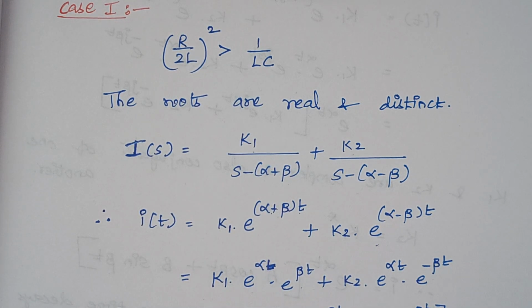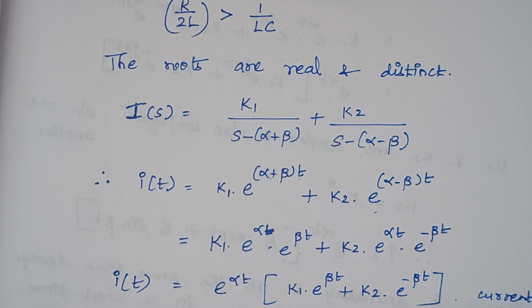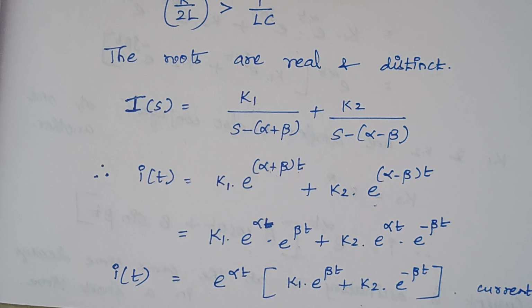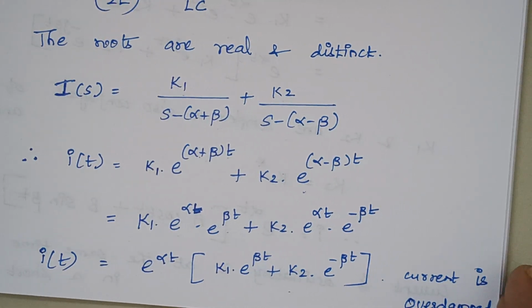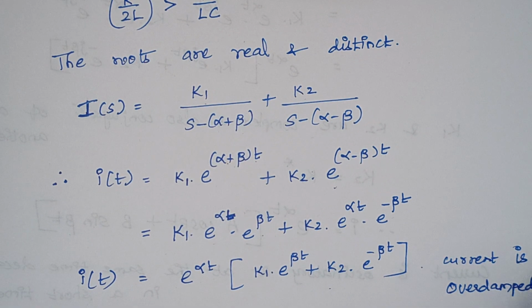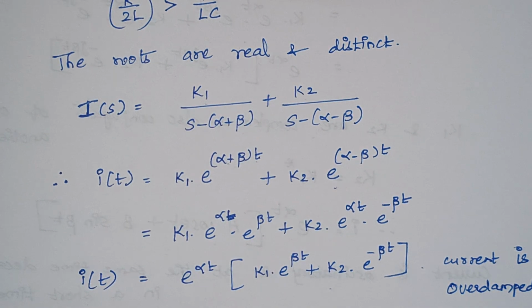When you take this outside, our expression gets reduced like this. When you have an expression like this, this is your expression for current, then that current is said to be overdamped. This is our case 1.